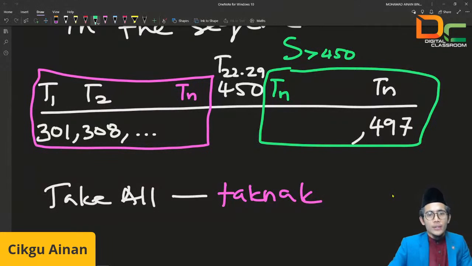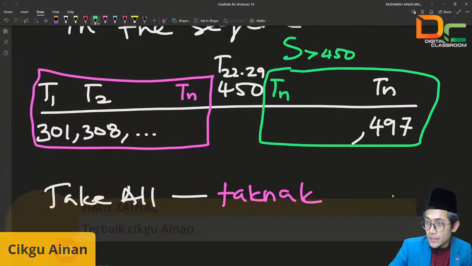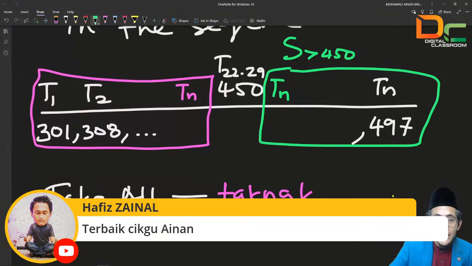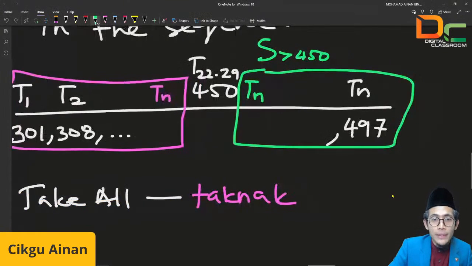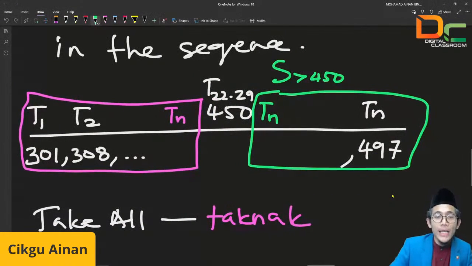Okay, now we know the pink Tn, left hand side of 450, is the number that is divisible by berapa tadi? By 7 kan? Anyone in the audience can tell me what is this number? Tolong cari nombor ni untuk saya.